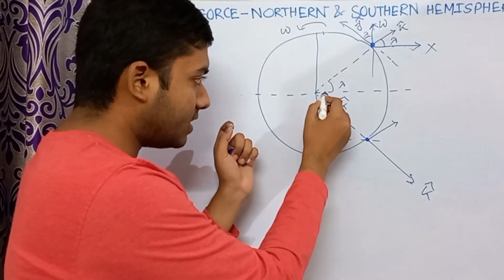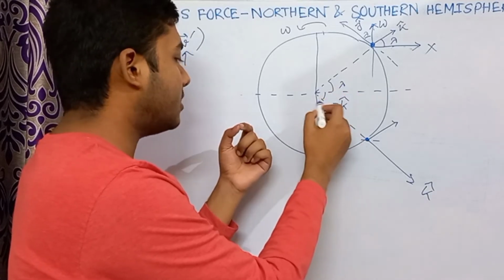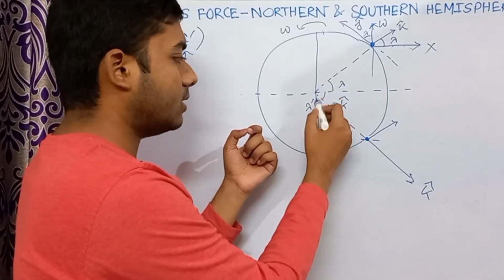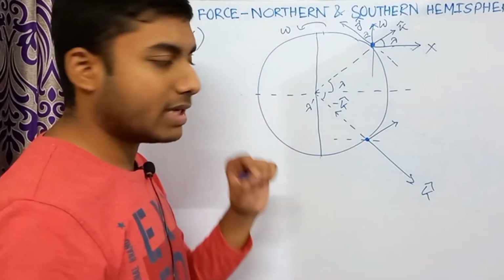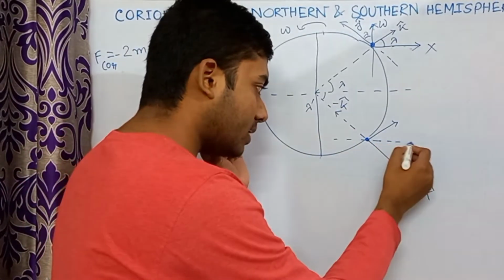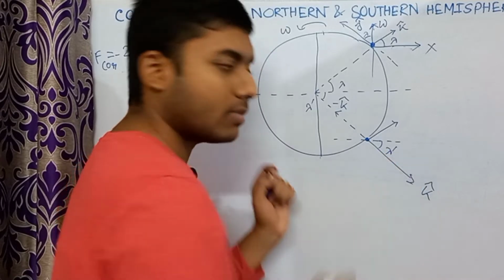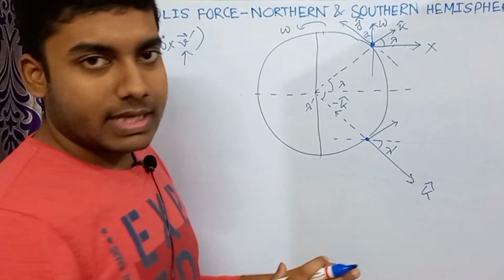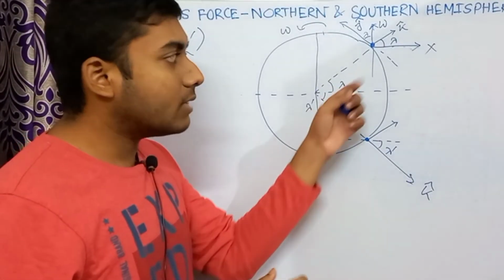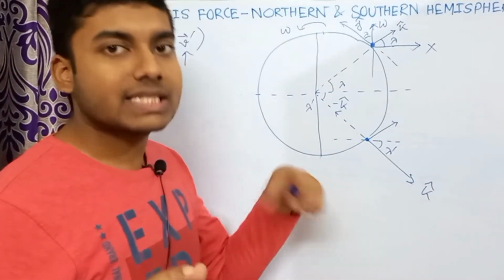Okay, and if this is the lambda, I am denoting it with a lambda dash, for an arbitrary point, the latitude lambda dash. So this angle will also be lambda dash. Now for east and west, you can easily understand that the directions will be the same as previous.